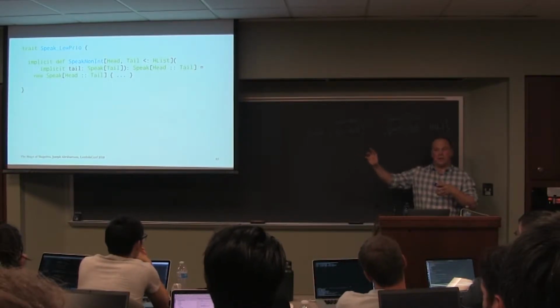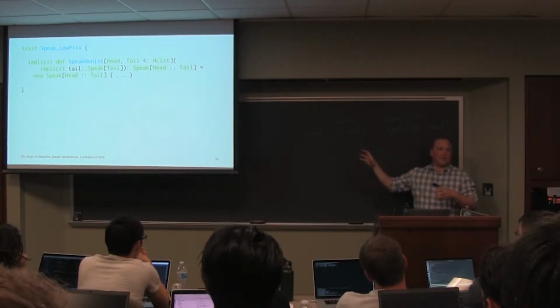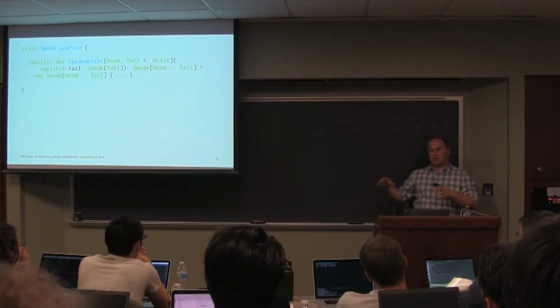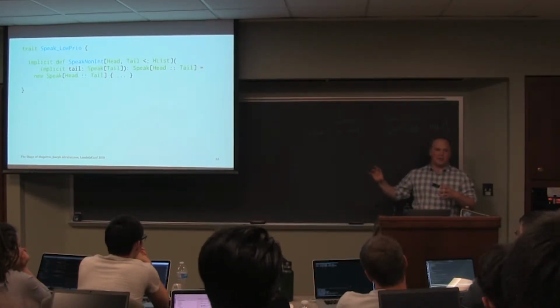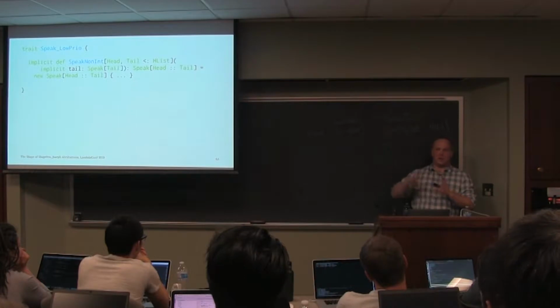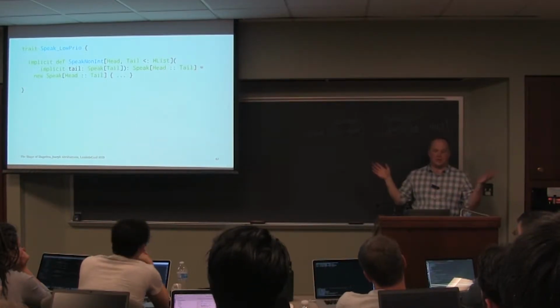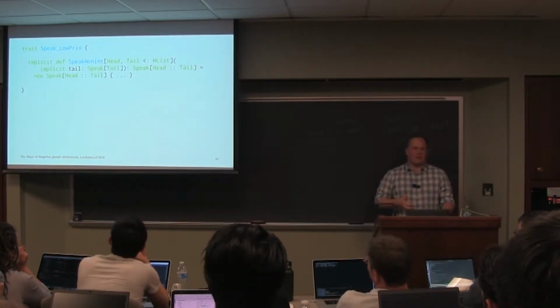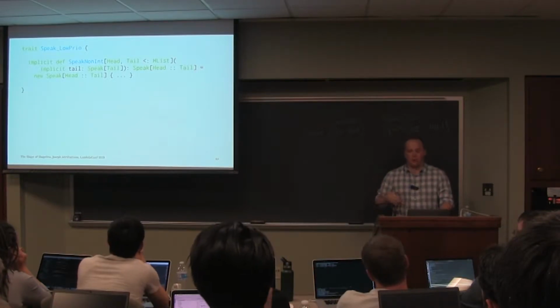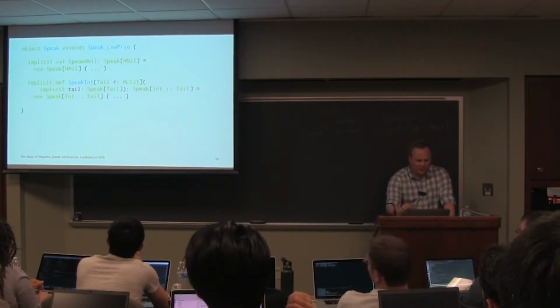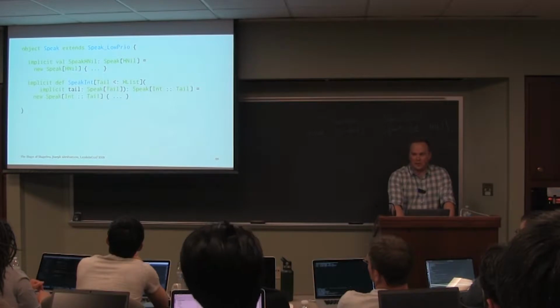So if I want to make some implicits less likely to be used, or to be used later in the search process, I need to put them into the superclass of the companion object. So the convention is you just make a trait with the same name as the companion object, underscore low priority, and then have it inherit from that.